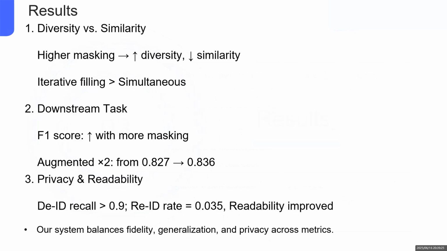Overall, our findings show that higher mask ratios help improve diversity in the generated text, though they do slightly reduce lexical similarity to the original, which is expected. Interestingly, we also observed that higher mask ratios actually led to better F1 scores in the downstream NER task.